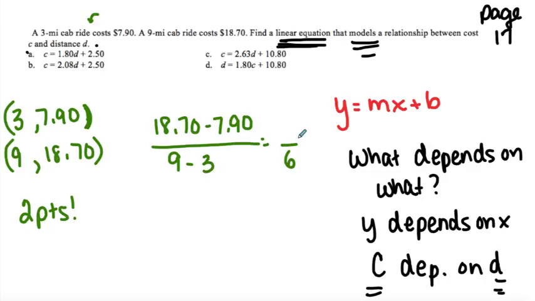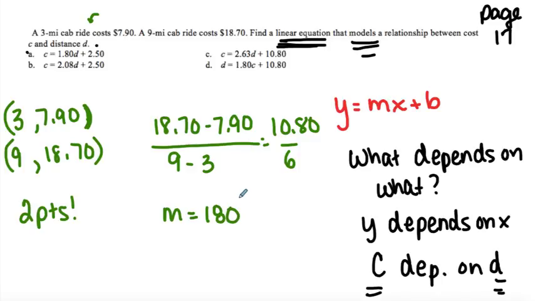So I'm going to grab my calculator, and I'm going to do 18.70 minus 7.90, which is 10.80, divided by 6, so 1.80. So I know my slope is 1.8.